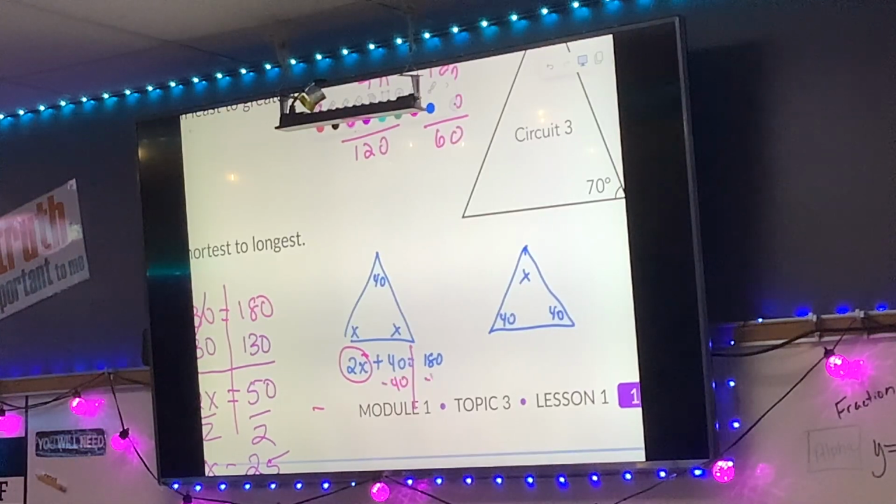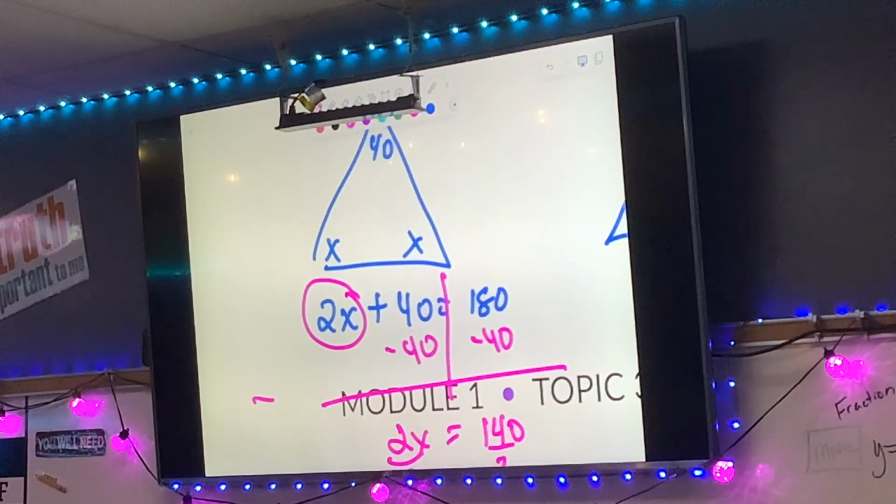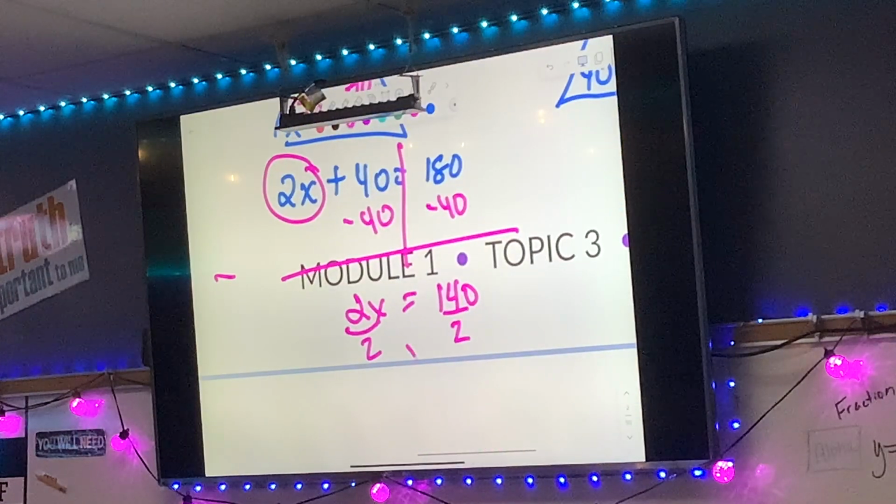Negative 40. So I have 140 equals 2x. I would then divide both sides by 2. And what is x? 140 divided by 2. 70. So both of my x's would be 70.